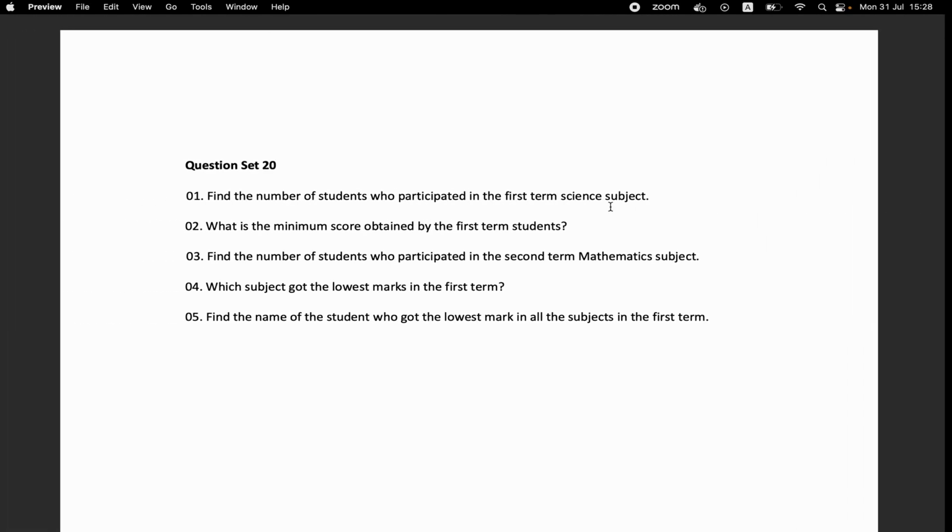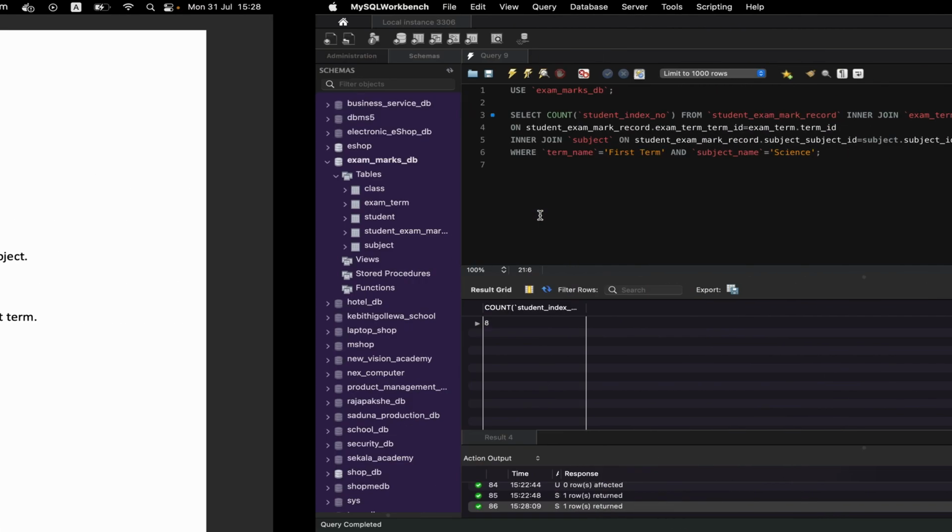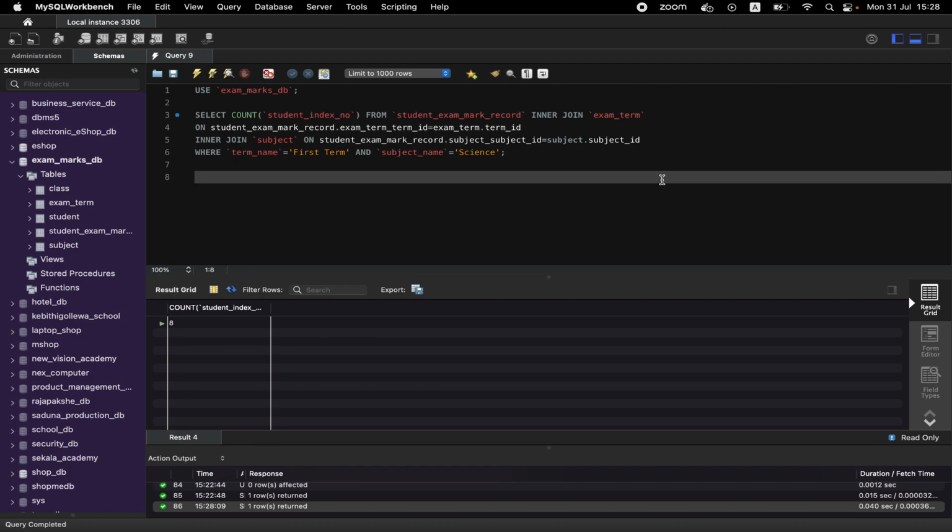So the second question is, what is the minimum score obtained by the first term students? To get the minimum score, we can use the minimum keyword.